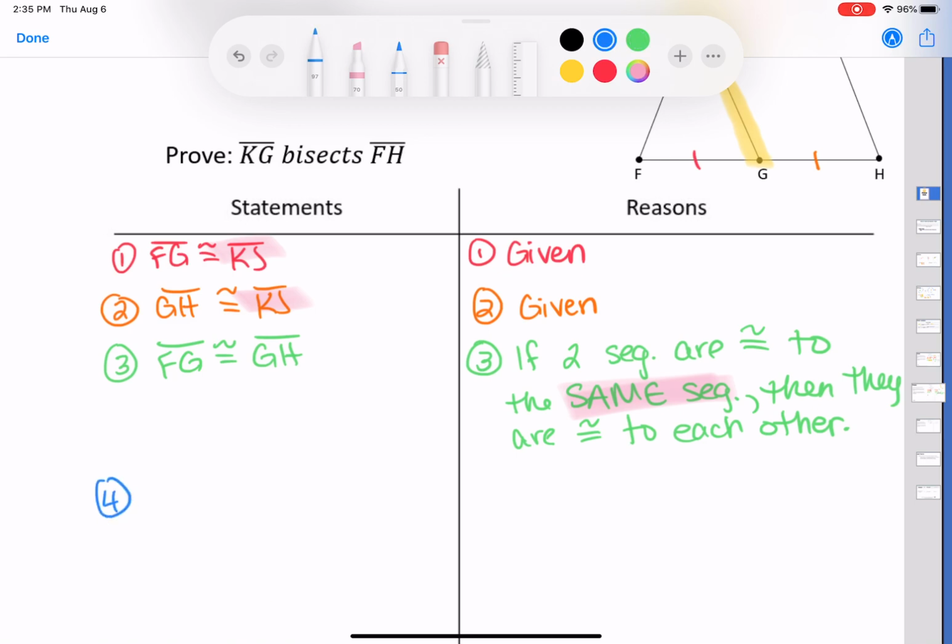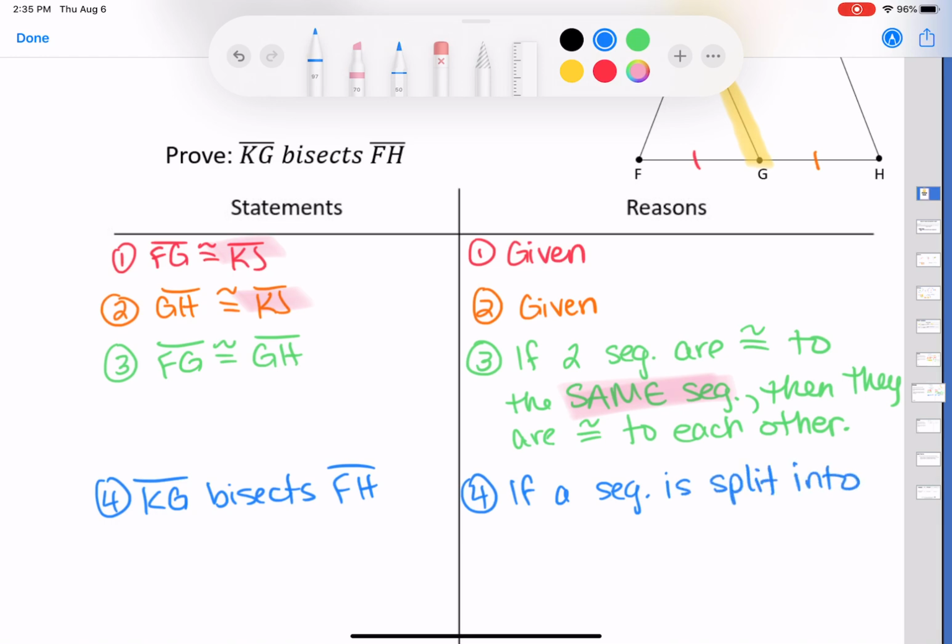Step 4, my proof statement. Segment KG bisects segment FH. And my reason, now remember, your if part is what has come before. If a segment is split into two congruent segments.